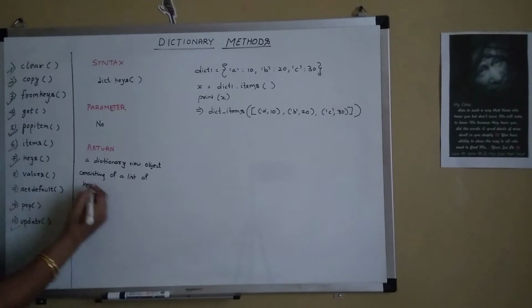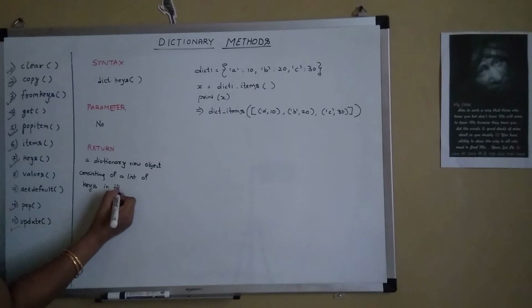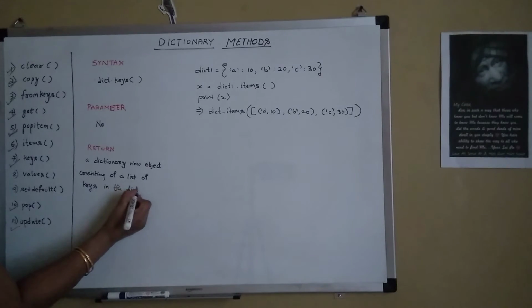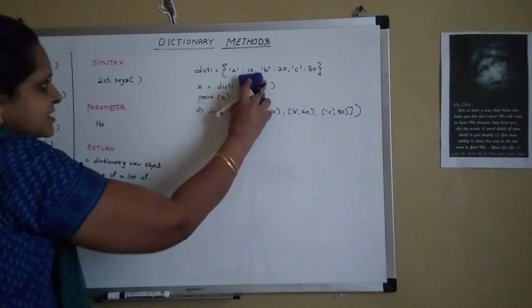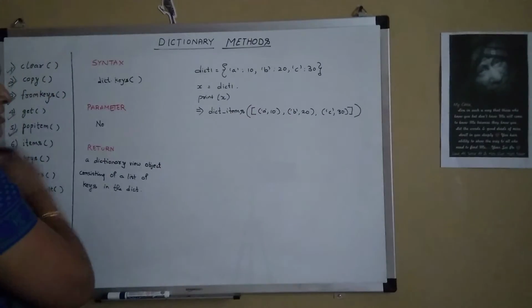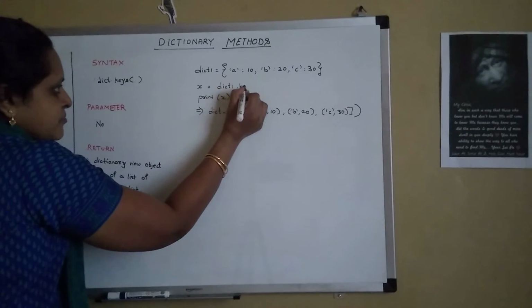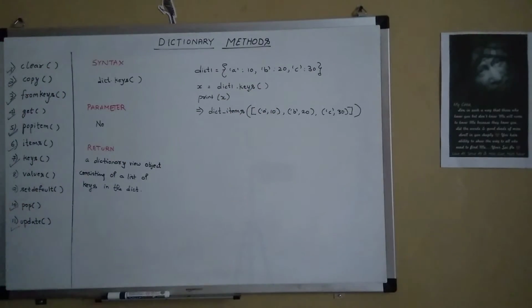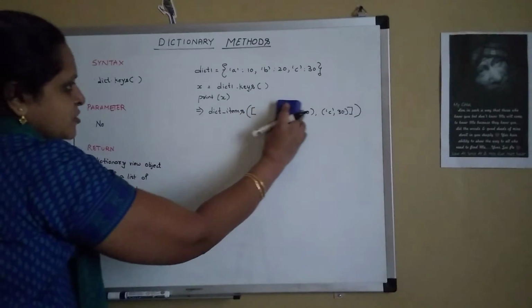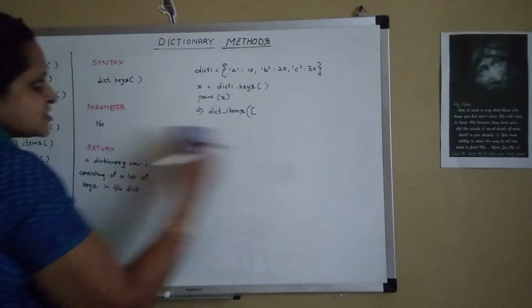It will just give the list of keys in the dictionary. Now if I say dict.keys instead of items, and print my x, it will give a list of keys present in the dictionary.